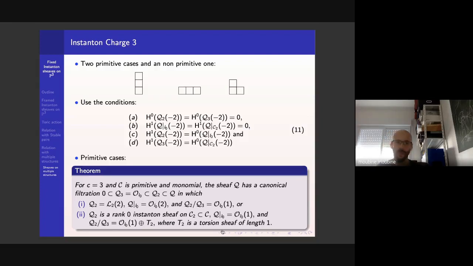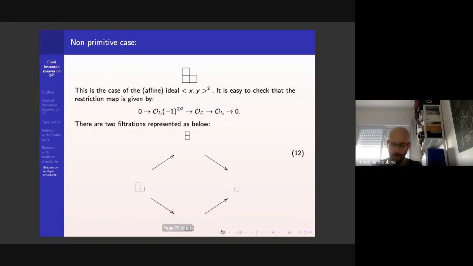Okay, so for higher charges, starting with 3, things get complicated, but still we have some control here, because here we don't have a canonical filtration, but both filtrations that we can consider are equivalent in some sense, so it's not a very complicated situation.